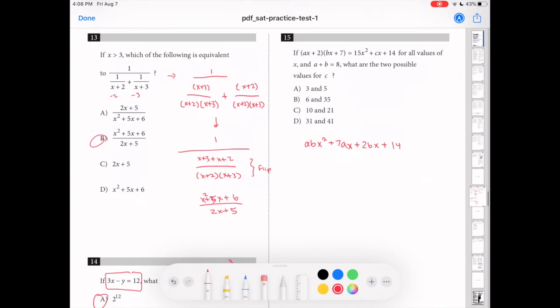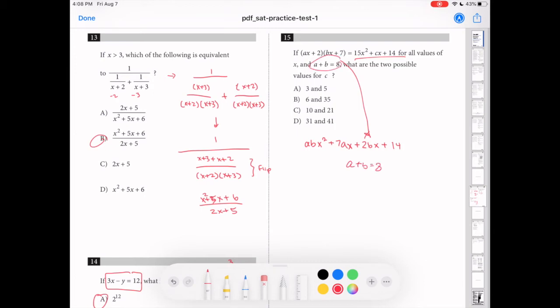15. FOIL time. On the left, we have something that needs to be foiled. And on the right, we presumably have the result that they have given to us. So I just go ahead and foil it down here. We need to find the middle value of c. Well, we are given that a plus b equals 8, shown right here.